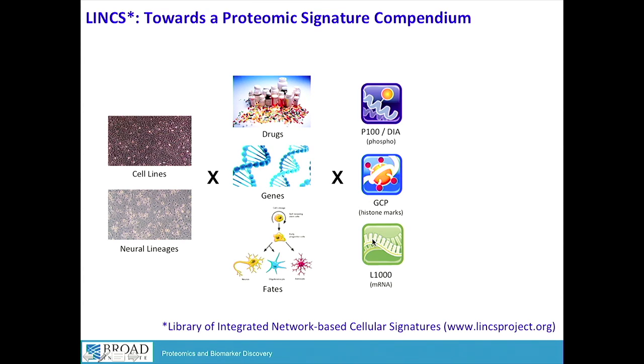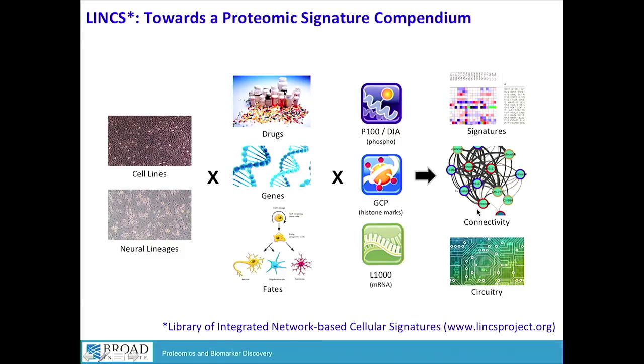So we'll have all these types of data from the same treatments and the same types of cells, and what we hope to assemble is this compendium of signatures, use them to formulate connectivity maps, as I've shown you, and then try to figure out the circuitry, perhaps suggesting some cause and effect of how signaling and epigenetics interplay with one another, how changes in signaling might affect changes in epigenetics and vice versa.